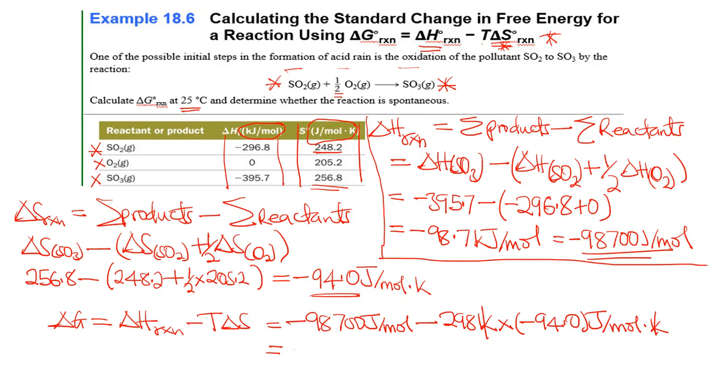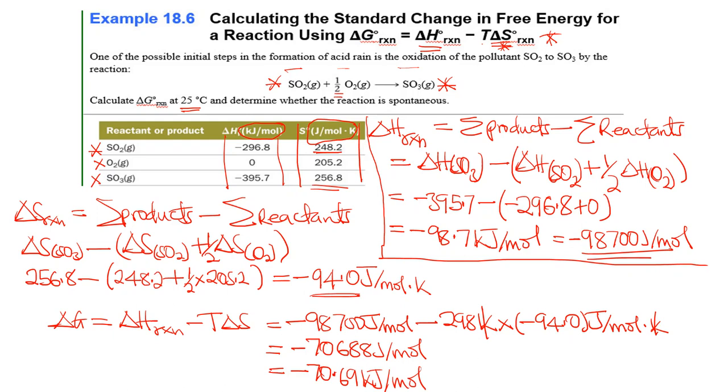So that gives us negative 70688 joules per mole. Usually you want your final answer to be in kilojoules per mole, so it will be negative 70.69 kilojoules per mole.